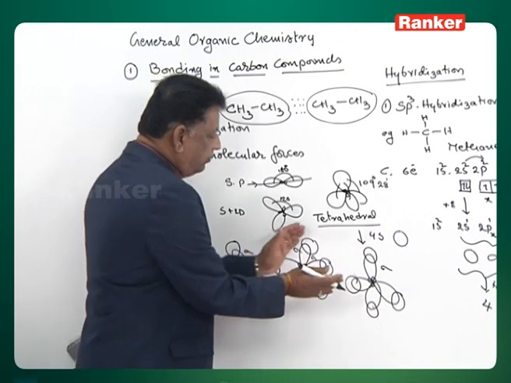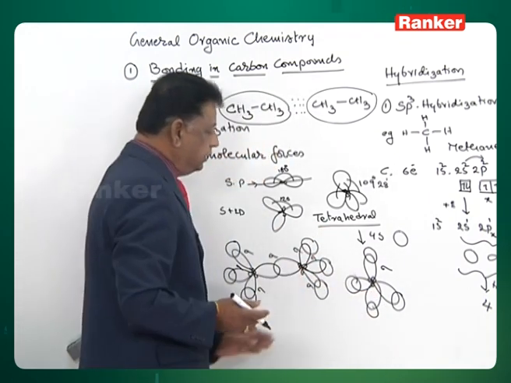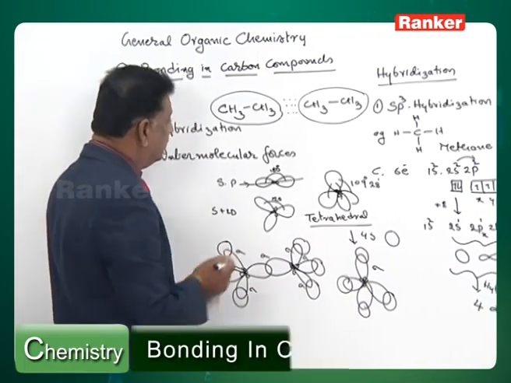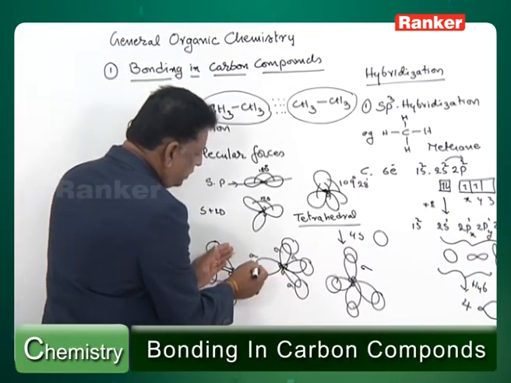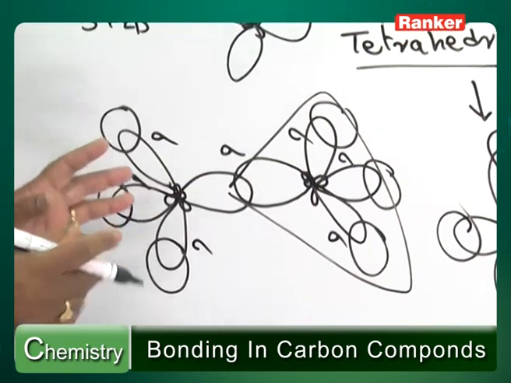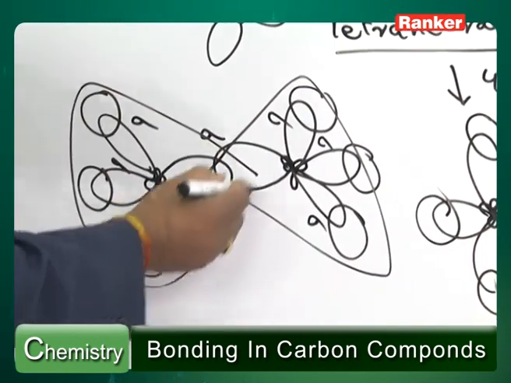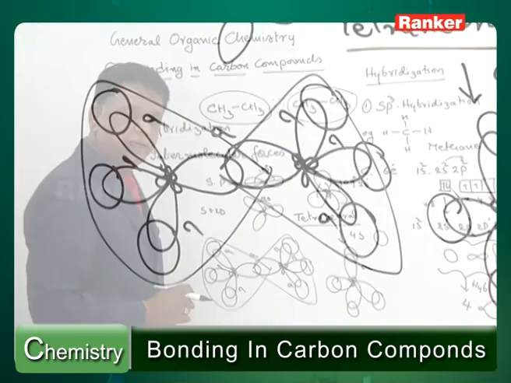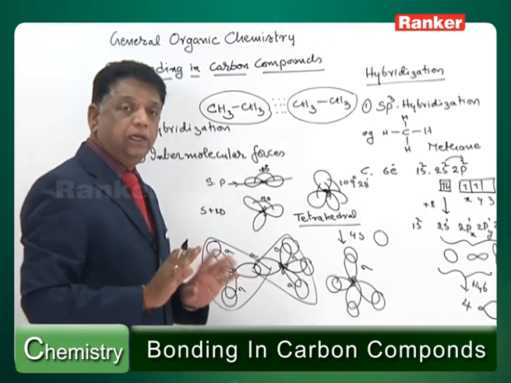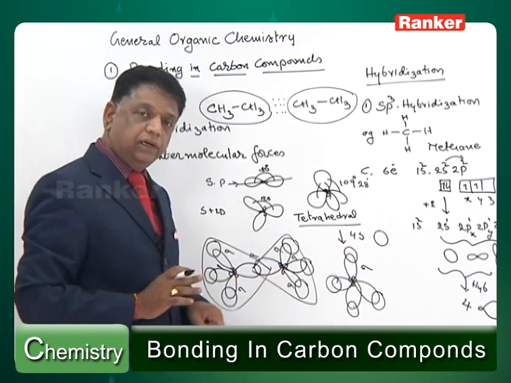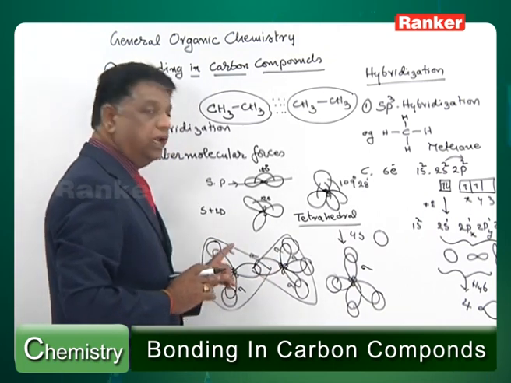Now, if methane alone is discussed, this is a perfect tetrahedron, but the symmetry of ethane is different. Pertaining to this particular part it is tetrahedral. Again another tetrahedral is there, one encroaching into another one. The entire molecule is not tetrahedral. The symmetry at carbon 1 is tetrahedral, carbon 2 is also tetrahedral.